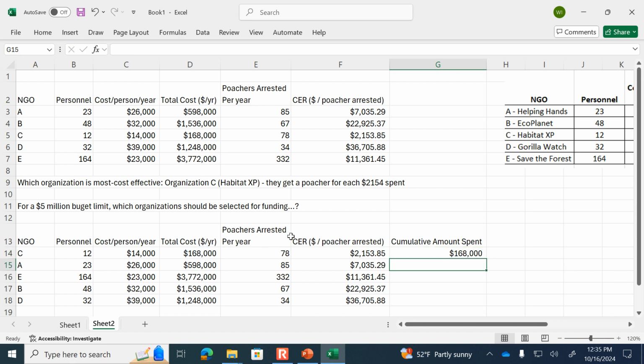And if we fund organization C and organization A, then it would be the previous amount, the one above it, plus this total cost from organization A. So now that we have the template of the formula here, which is the cell above and the cell to the left, we would drag that down through each of the rows, and you'll notice that this is over the limit.